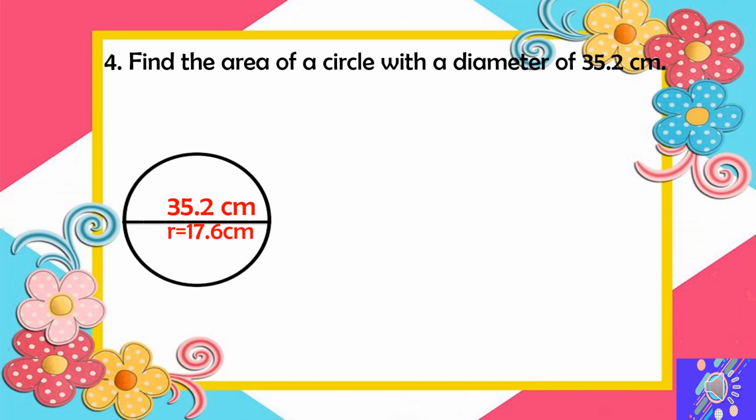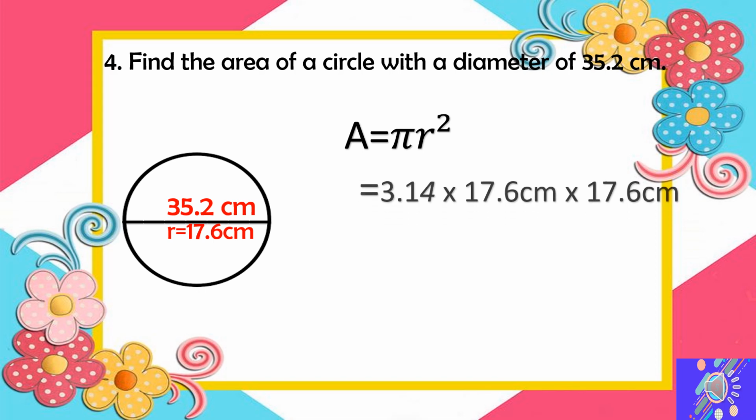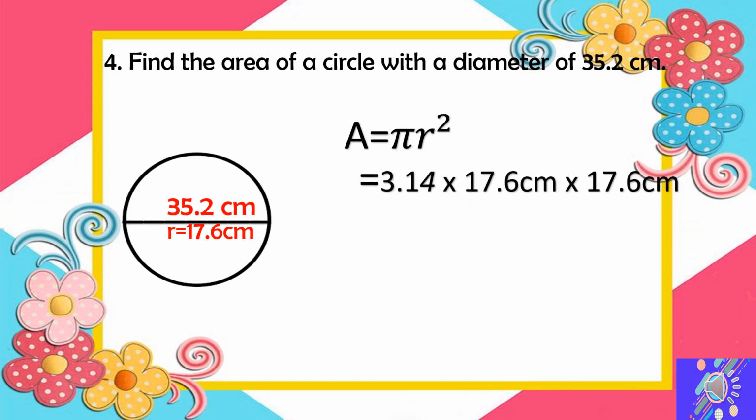Again, the radius is half of the diameter, so we have 17.6 centimeters. In finding the area of that circle, we will be using this formula, A equals pi r squared. Let us now substitute: 3.14 times 17.6 centimeters times 17.6 centimeters.